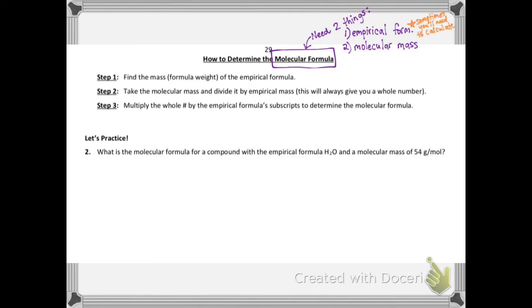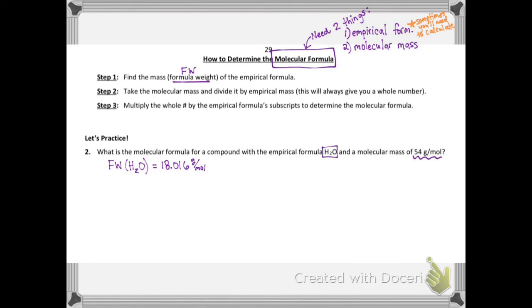So we want to find the molecular formula for a compound with the empirical formula of H2O and a molecular mass of 54 grams per mole. So the first thing we're going to do is find the mass of the empirical formula. Sometimes, by the way, the molar mass is called formula weight, and so I abbreviate that as FW. And so the formula weight of water is 18.016 grams per mole.